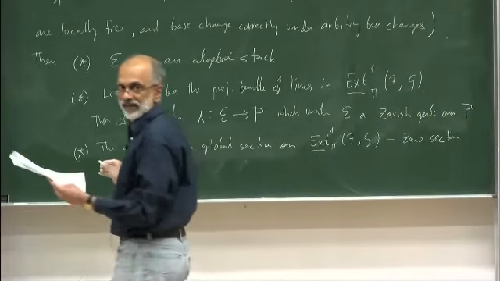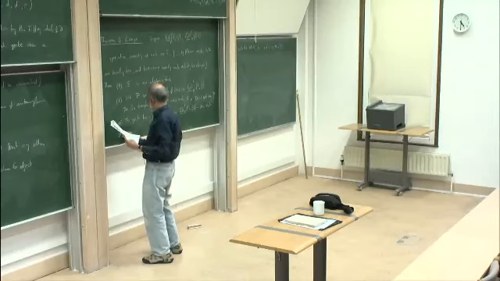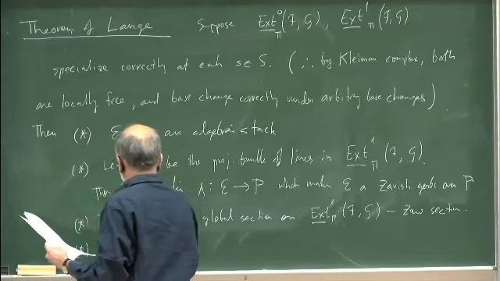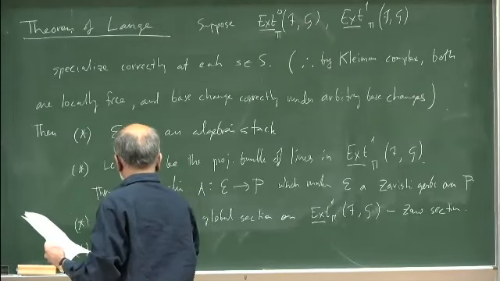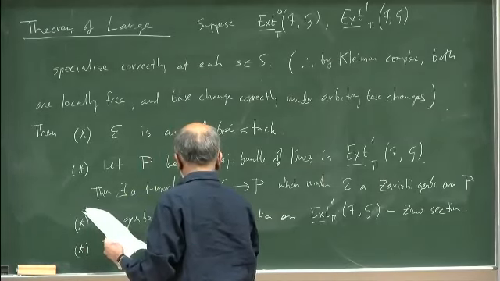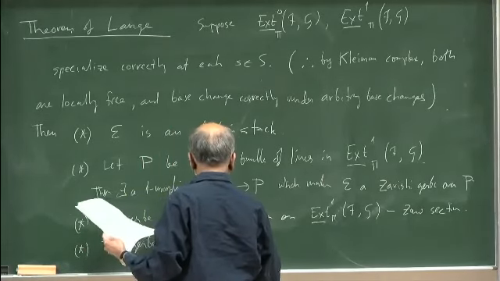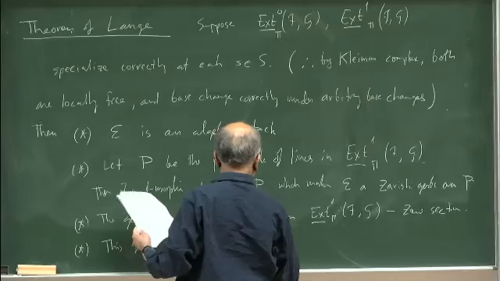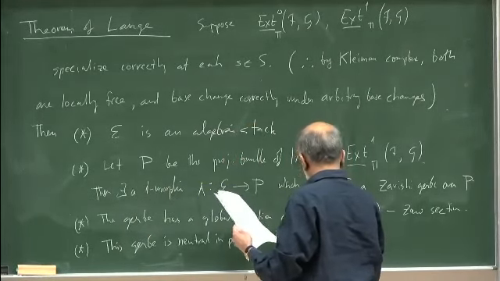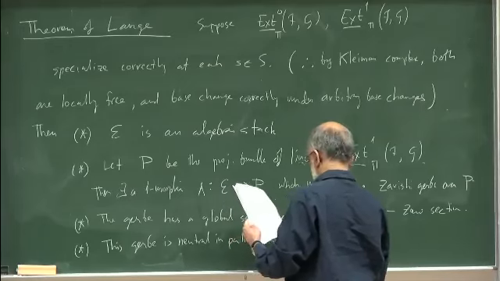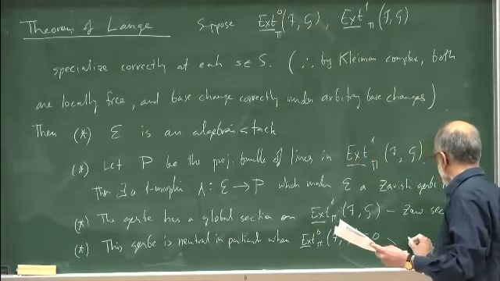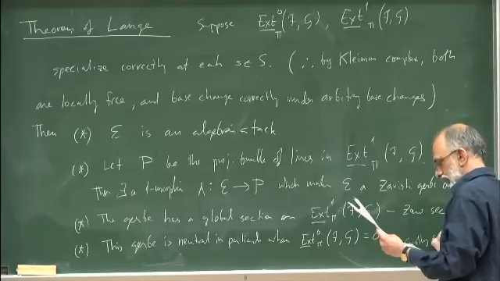And the fourth property is this gerbe is neutral in particular when x0. This last statement is his corollary 4.5.